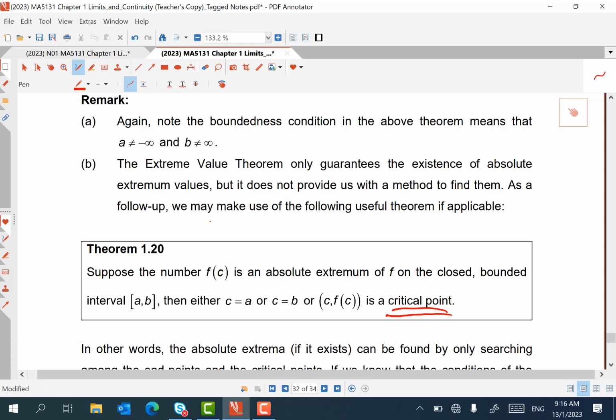Let's investigate. f'(x) equal to 0. Like this, this is a critical point. Let's hear from Theophilus. What are critical points? Do you know?